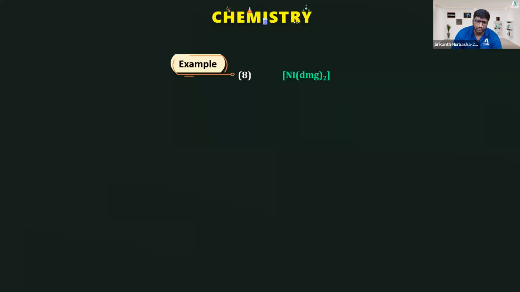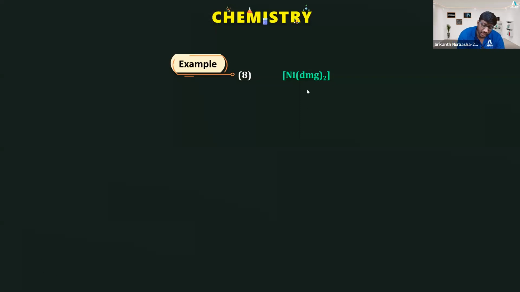Before that, we also saw how to figure out the vibrational stretching frequencies of the CO bond and the MC bond, which is stronger, which is weaker. So let us solve a few more examples of nomenclature today and then proceed with your next concepts of effective atomic number, Werner's theory, and valence bond theories.